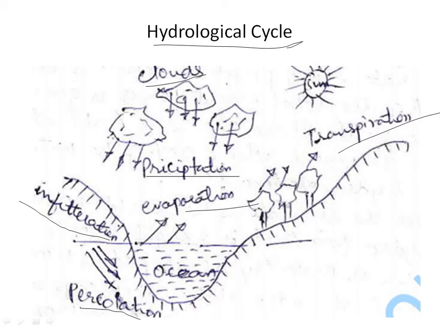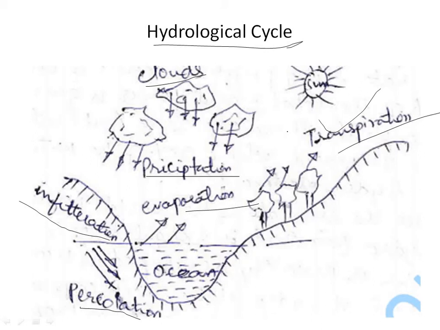Next we will be discussing transpiration. It is the process of water evaporation by the plants. All plantation and vegetation on earth absorb water through their roots and release it through their leaves to atmosphere in the form of vapor.